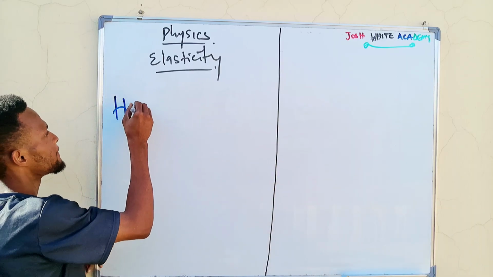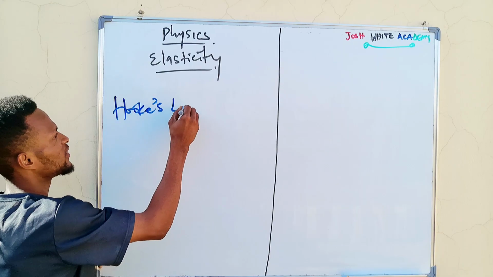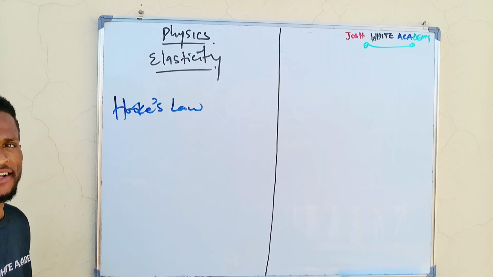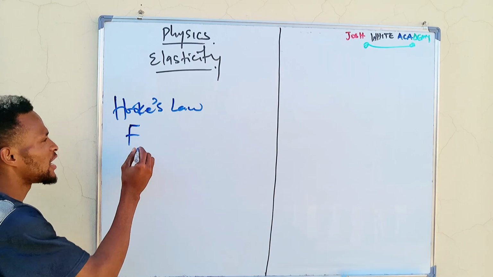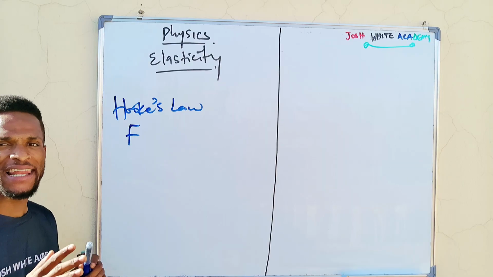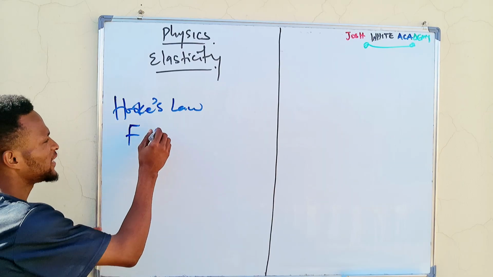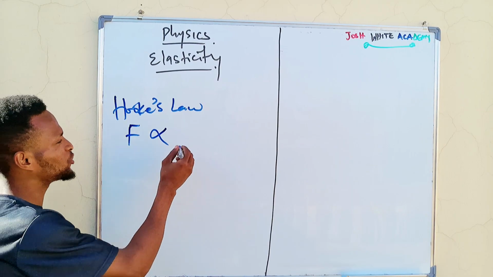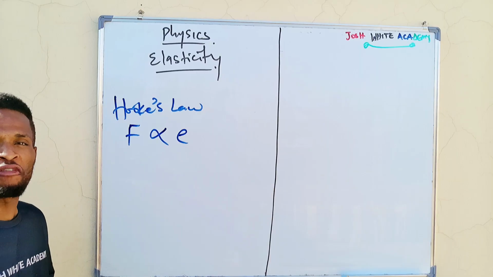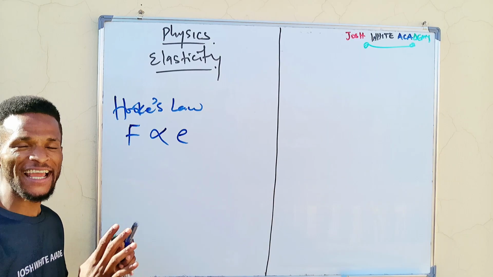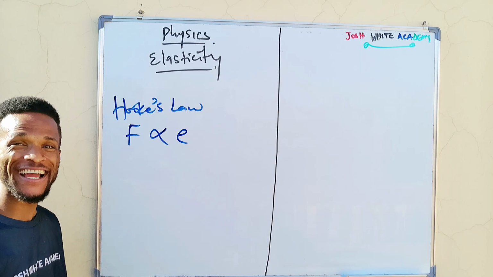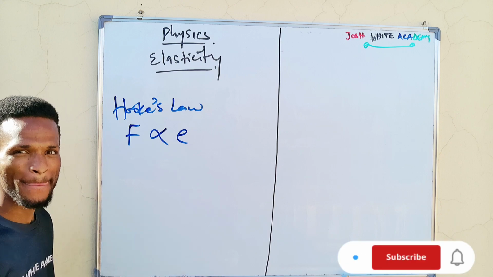Hooke's Law states that the force applied on an elastic material is directly proportional to the extension, provided the elastic limit of a material is not exceeded.